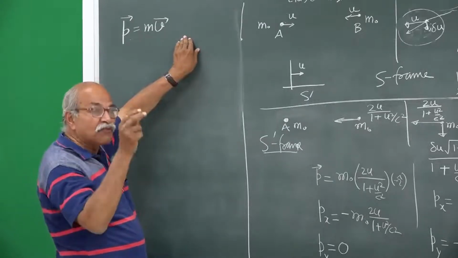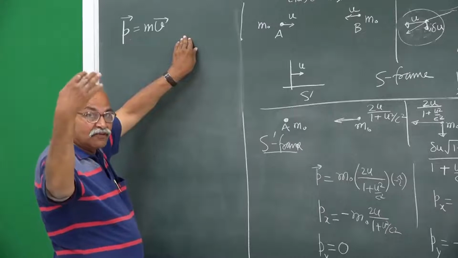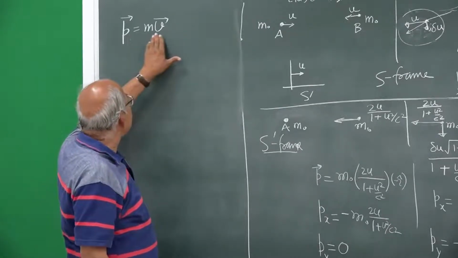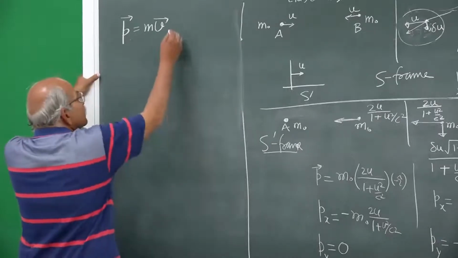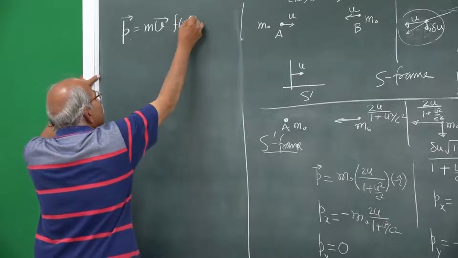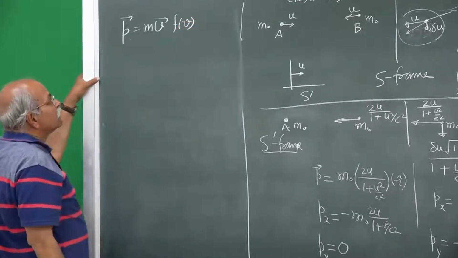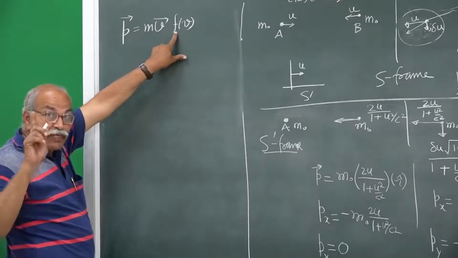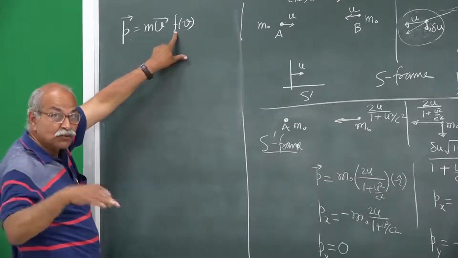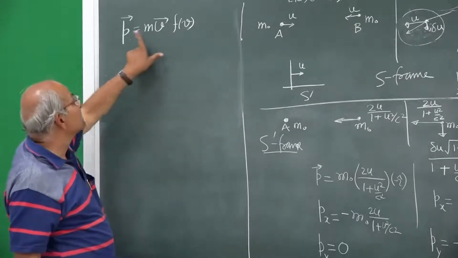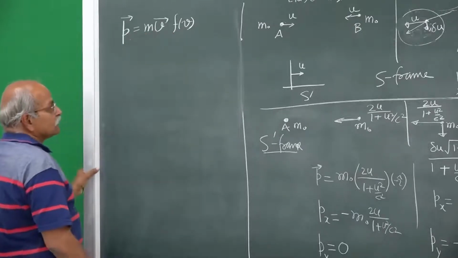Low speed works, high speed does not work. So, it depends on the speed in some other fashion. Let us say that it is to be multiplied by some function of speed f(v), and the requirement is that this f(v) should become 1 as you approach 0 velocity, because at low velocities it should work.